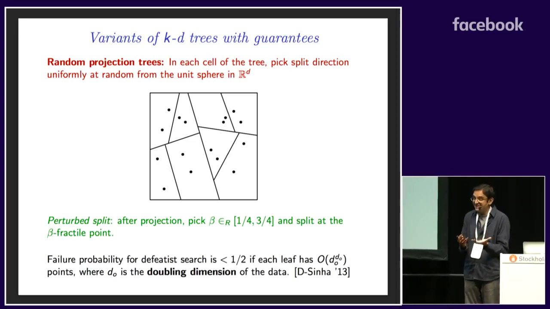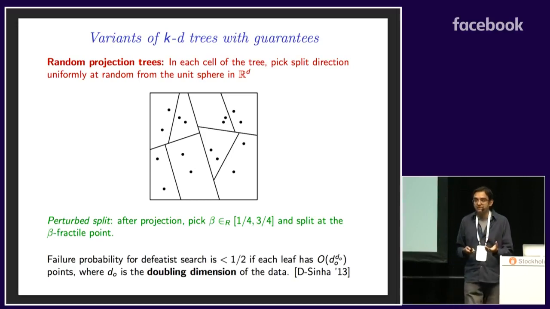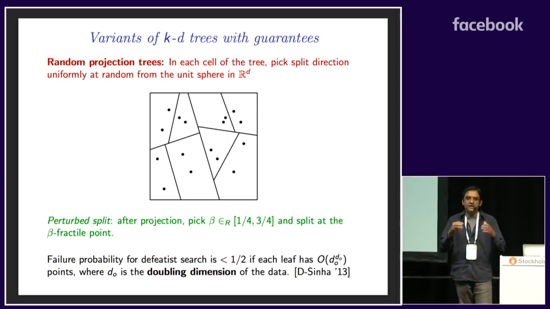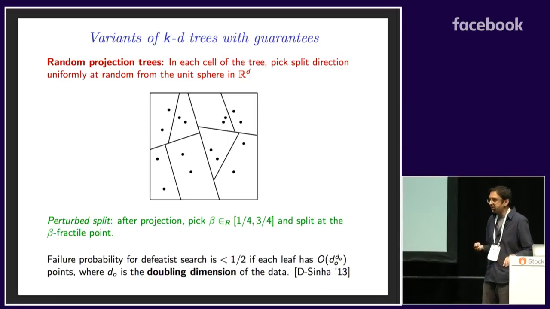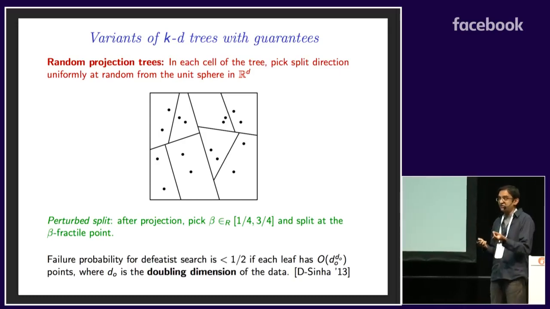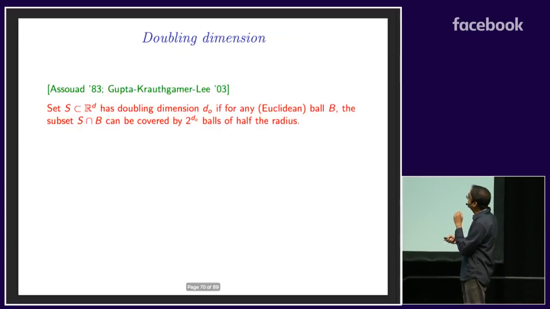Because one really wants to adapt to intrinsic dimension. And this, in a sense, is the one that has been the most compelling in terms of how general it is and what it permits algorithmically. So if one had to pick one notion, this would probably be the one. So I'll just spend a couple of minutes on it.